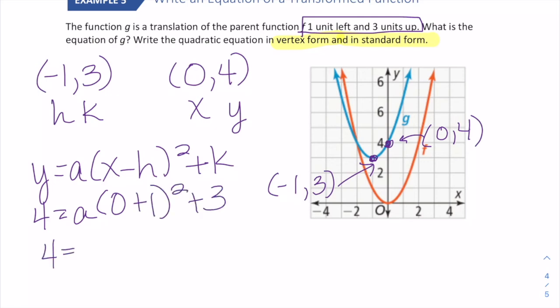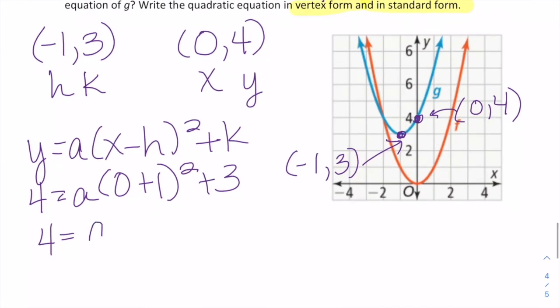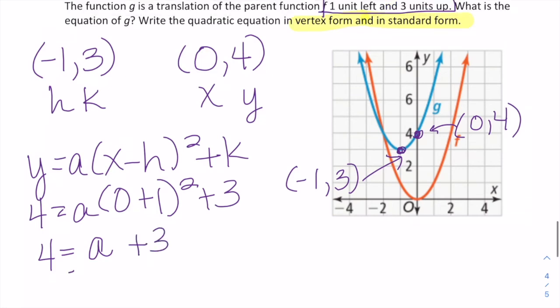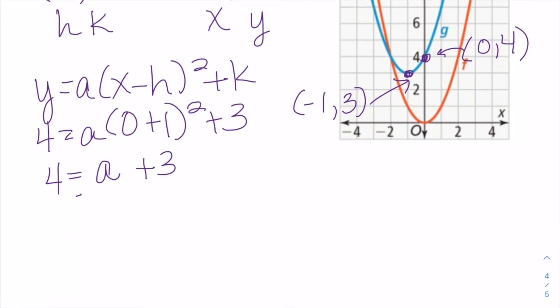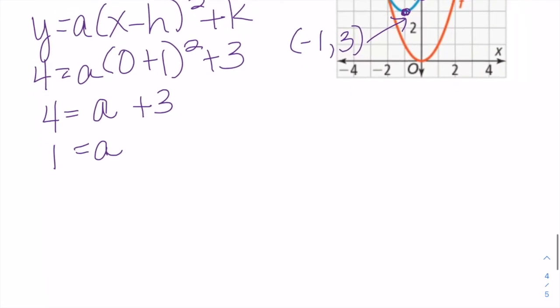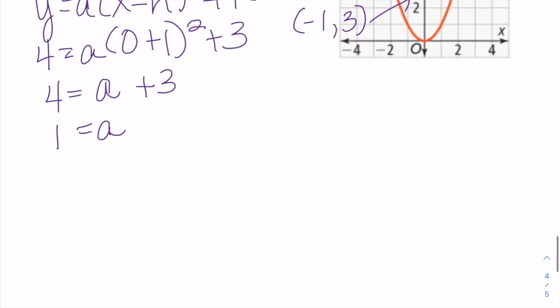Now when I simplify this, I'll just get a here, because 1 times 1 is 1. And then I subtract 3, and we do have that indeed a equals 1. So that's good. There is no vertical stretch or compression. So we know that this function g of x will have an a equal to 1.